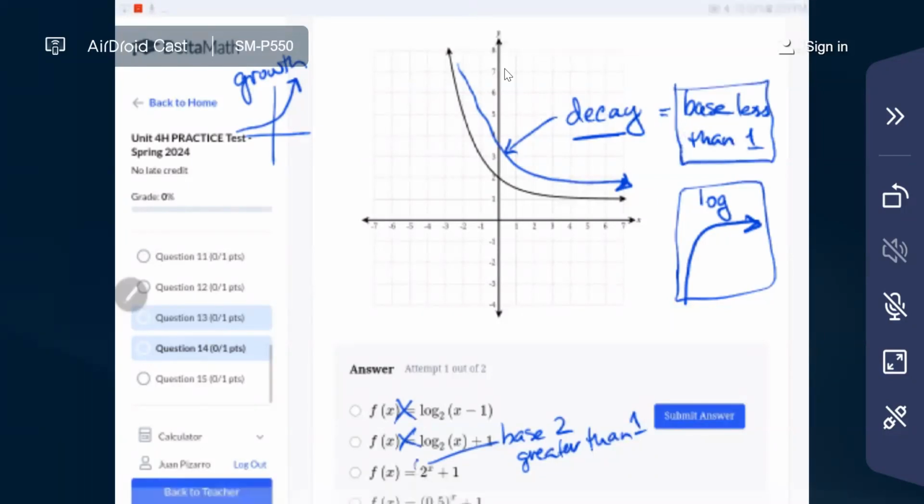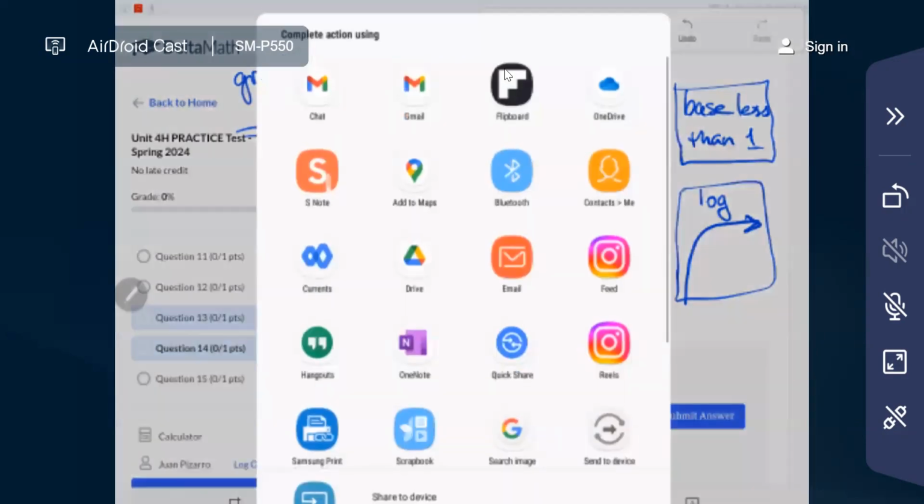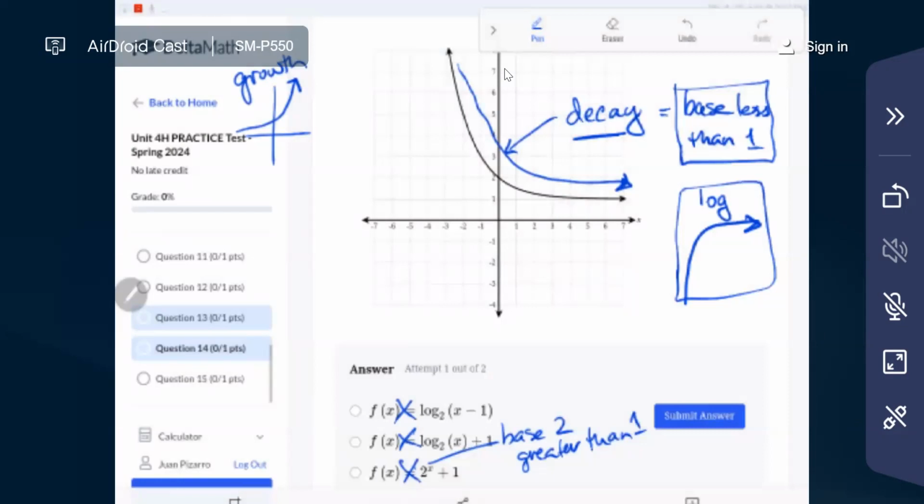So that one can't work either. The answer is our last one there, which keeps disappearing on my screen. When you look at this on the test, is it going to be a growth graph, a decay graph, or a log graph? Then check your answers accordingly.